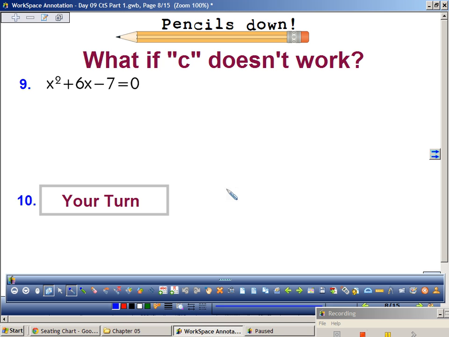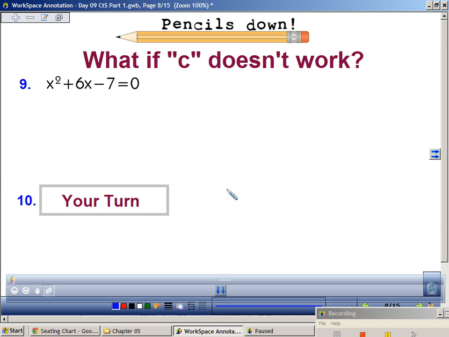What if c doesn't work? Negative 7 is not a perfect square. What would be a perfect square? 9, right? All right. So there's 2 ways to go about this.